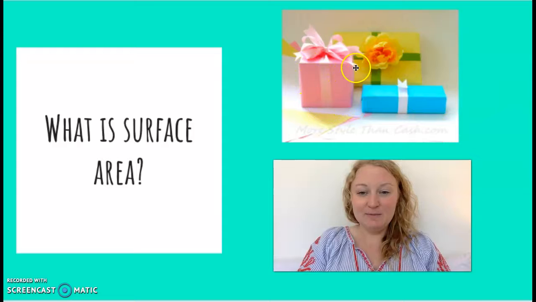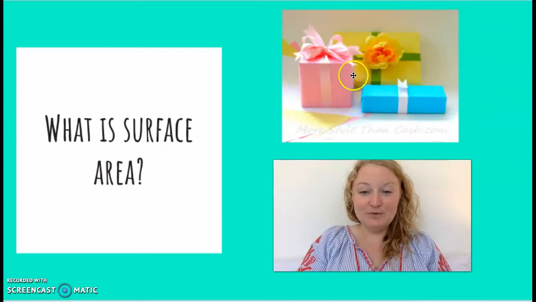So here in the pink, you can see a cube. It would be how much pink paper it would take to wrap each side of the cube. That's surface area. We know that area of a two-dimensional figure is how much space it takes up, like a yard. And a 3D figure is made up of different faces that are 2D figures.